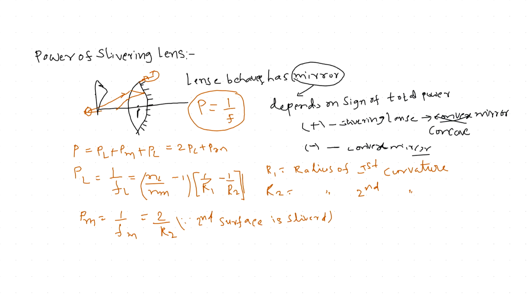The final total power P is equal to 2 into (NL by NM, which I will take as relative refractive index, N minus 1) into (1 by R1 minus 1 by R2) plus 2 by R2. So this is the formula for total power.